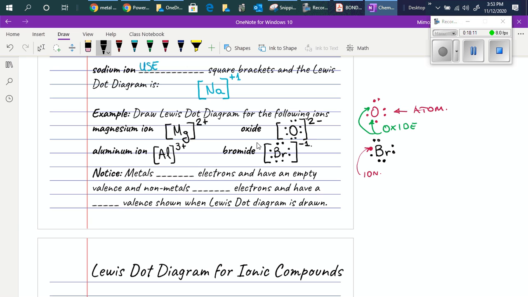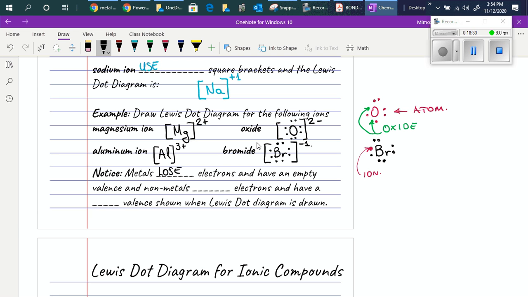Notice that metals lose electrons, and they have an empty valence shell, and this is why we do not draw any dots in the Lewis dot diagram here, to show that the valence shell is empty.